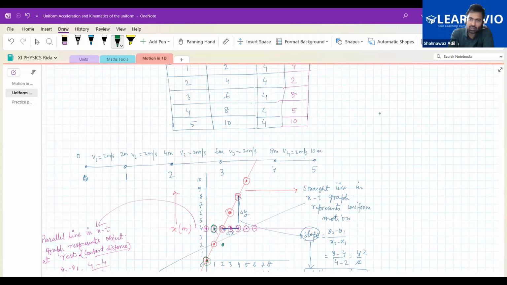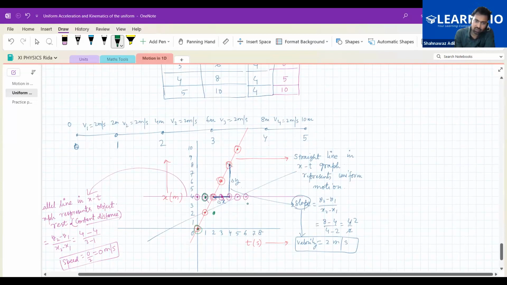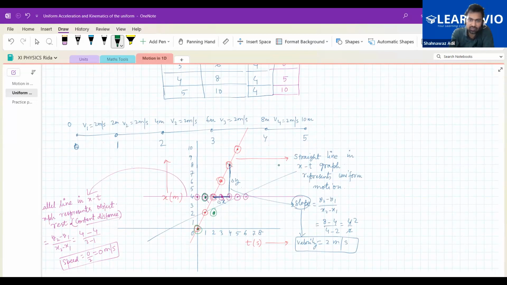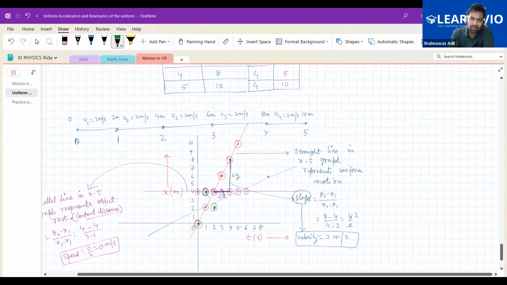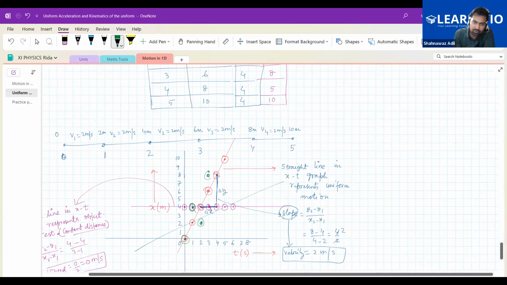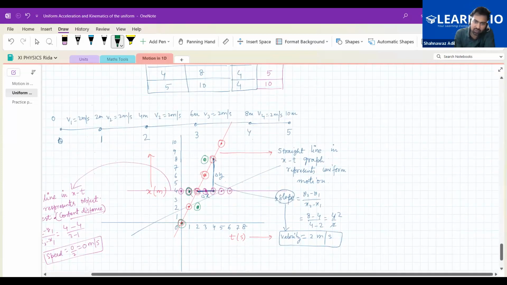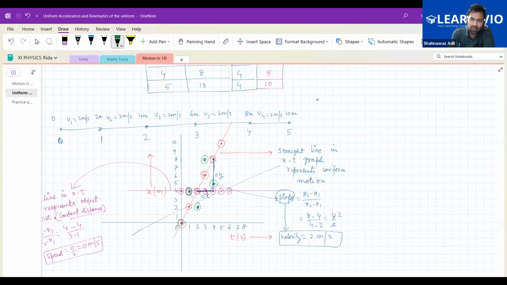Then the other point is 3, 8, which is here. The next point is 4, 5, and then I have 5, 10.